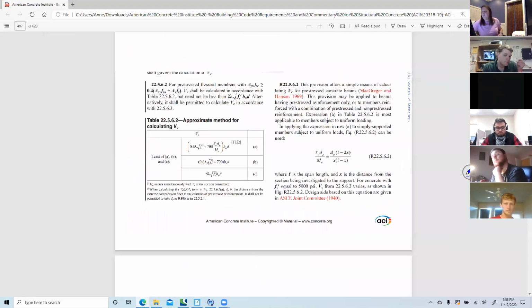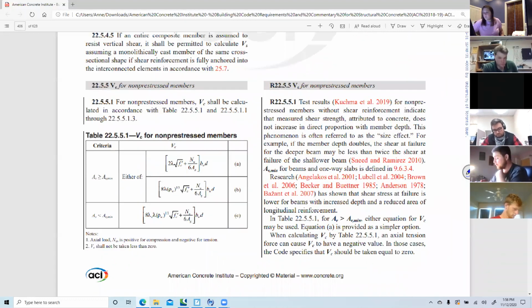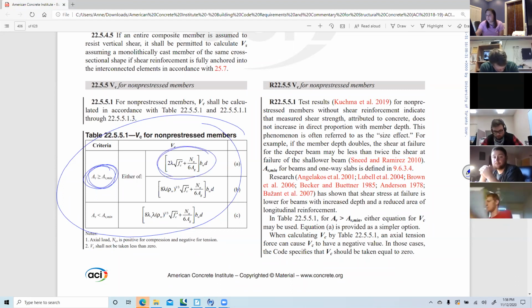If we assume that we're providing more than the minimum, we can use this equation.